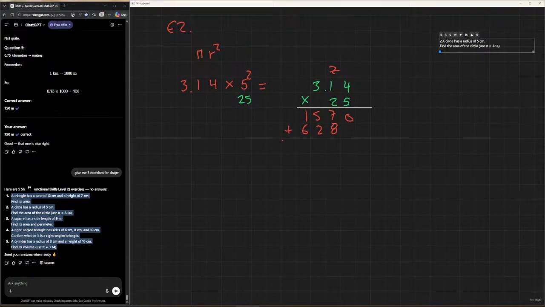Plus, bring down the 0. 8 plus 7 is 15. Then we add the 0 here. 5 plus 2 is 7, plus 1 is 8. 1 plus 6 is 7. Then we have 2 decimal places, so it is 78.5.